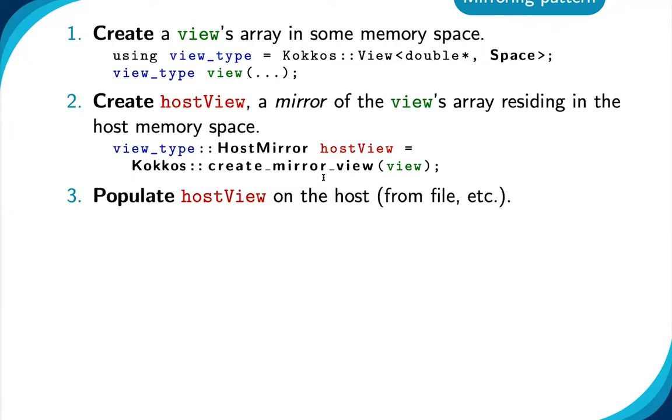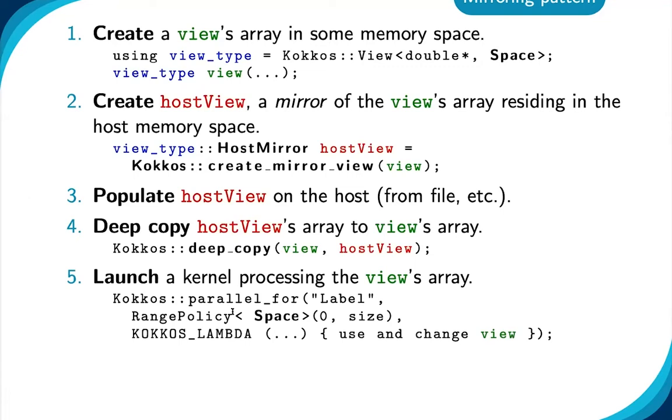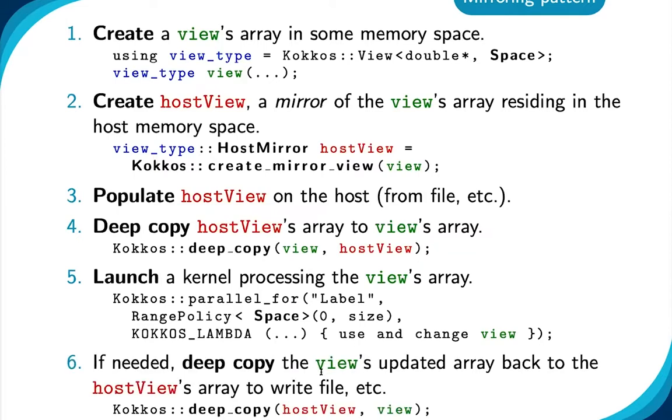What you often want to do is populate that host view on the host, from a file in some kind of setup phase. And then you deep copy the data to the device side. Then you run your kernel, you work on that view, and if need be, you copy the data back again. Okay.